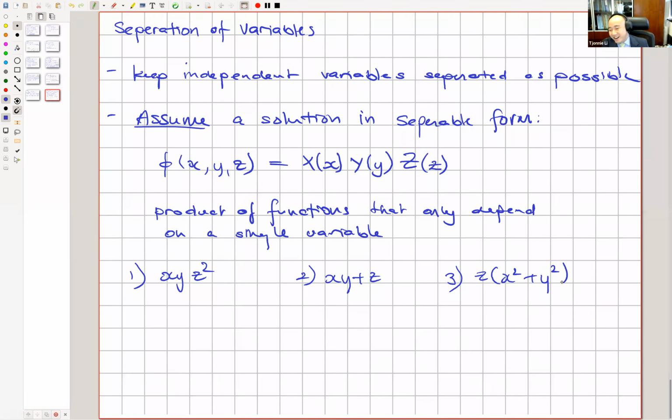Now, if you talk about fully separable, that is only 1, right? So this is separable. This is actually inseparable. And if you want to be, this is partially separable.